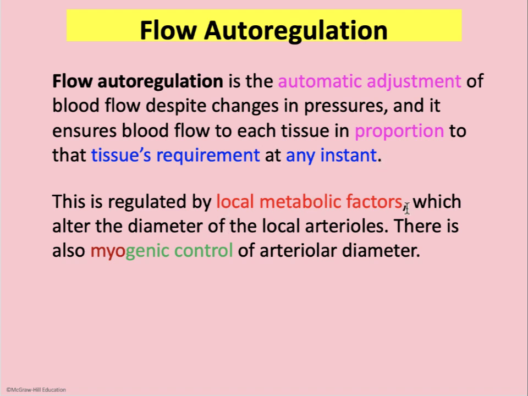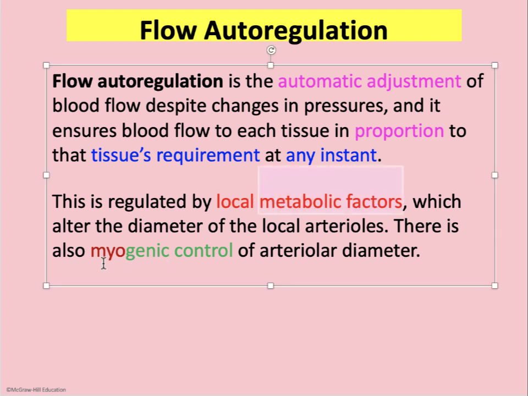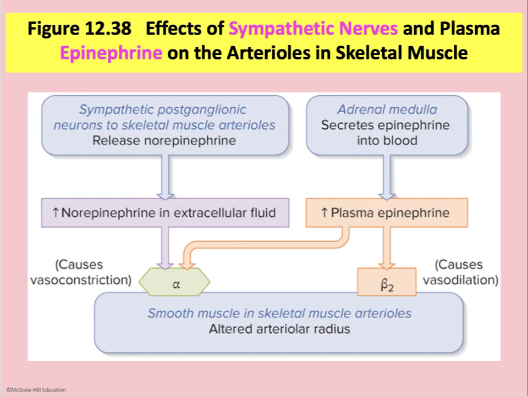Local metabolic factors alter the diameter of the local arterioles, and that is known as myogenic control of arteriolar diameter. So these metabolites influence the muscles that are encircling the arterioles at that location. In this example, we're looking at skeletal muscle and the blood supply into them.